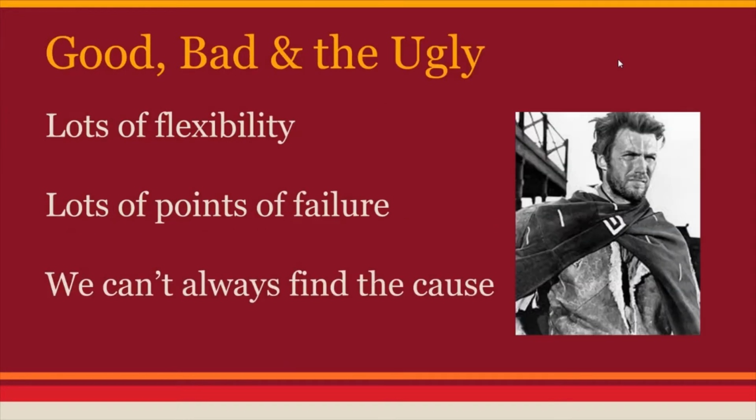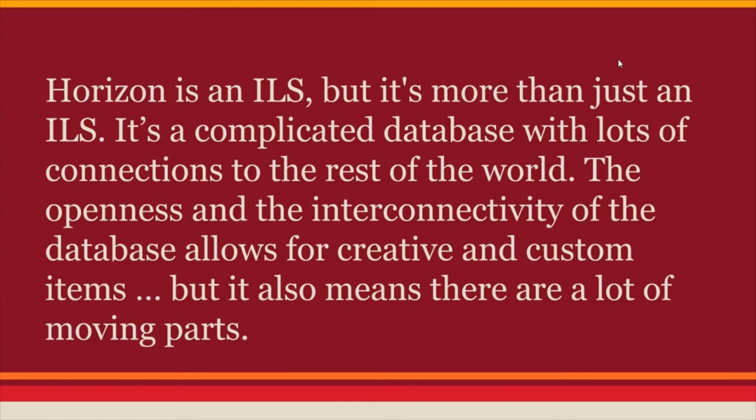So here's, I like Clint Eastwood, not his politics, but I like him. So the good, the bad, and the ugly. The good, all this is very flexible. The bad, lots of points of failure. And then the ugly truth is we can't always pinpoint exactly what caused something. So be patient with us. We do try, but we can't always get the precise information.